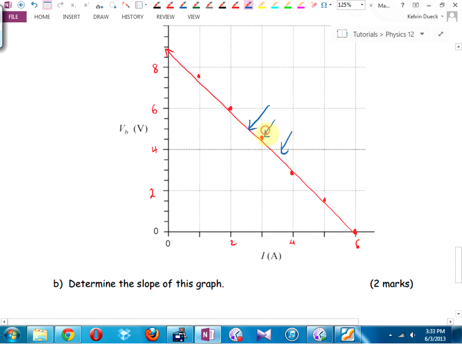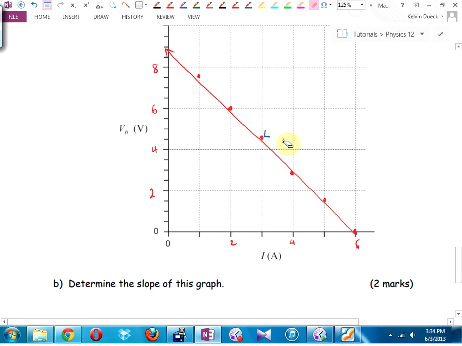I could not use that point or that point, even though I know the numbers from my chart. If I used those to calculate slope on Bridgel, they would have taken marks off. They would have said, wait a minute, you've committed to your line of best fit, and now you're using data that's not on it. So I can't use that to calculate slope technically, okay?